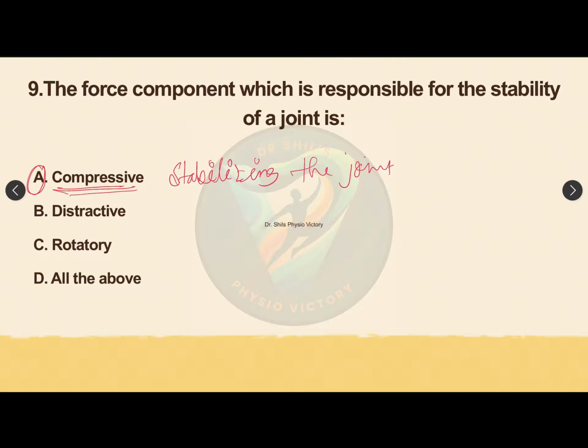Destructive force basically destabilizes the joint, and rotatory force allows the joint to move, or it helps in movement.